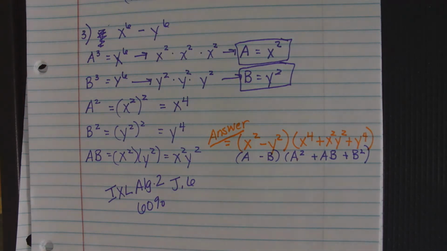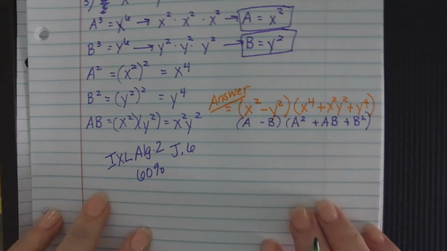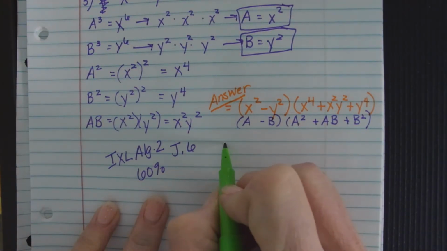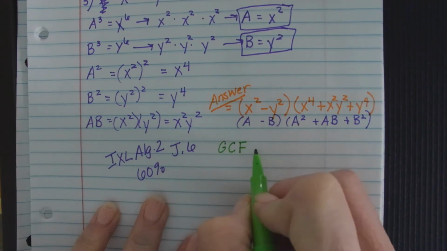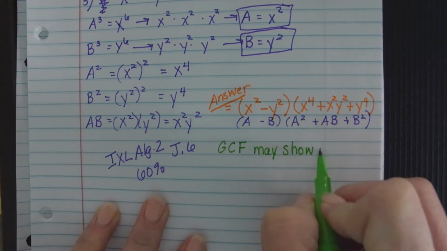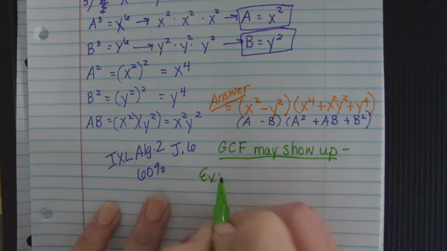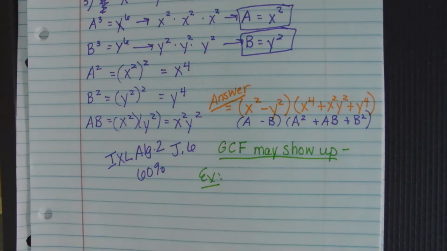I do want to go over one more thing. Let me scoot this up. Greatest common factor may show up. Y'all have done extremely well. For example, I gotta do this in my head.